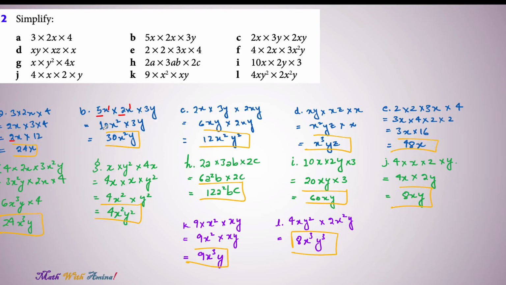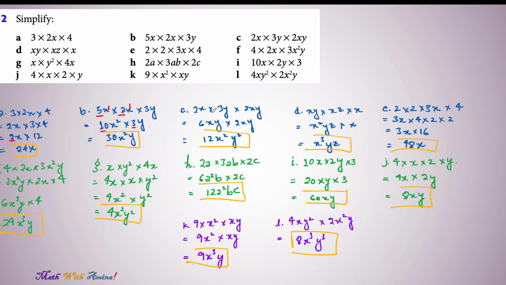So it will become 10x squared. Then multiply by 3y. Again the coefficients get multiplied first. 10 multiplied by 3 is equal to 30. x squared would be written as it is. x squared multiplied by y is equal to x squared y. So this is our final answer for this expression.